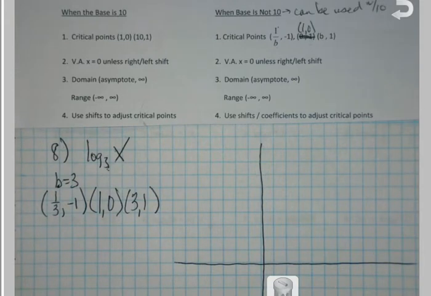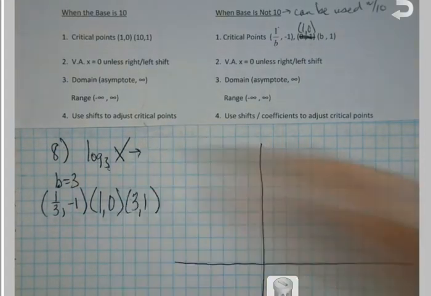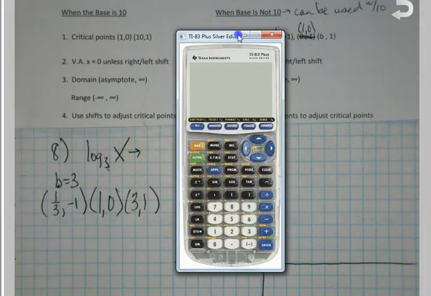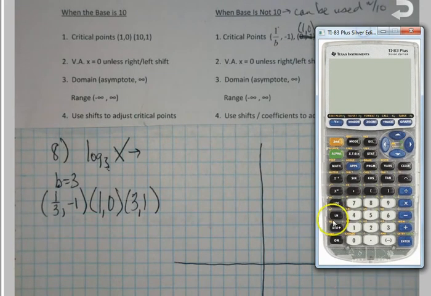Now, can I come up with a sketch without doing this? Sure. If I wanted to type it into the calculator and let the calculator help me out, because I'm trying to go a little bit quicker and not necessarily remember all of those, I can go to y equals.